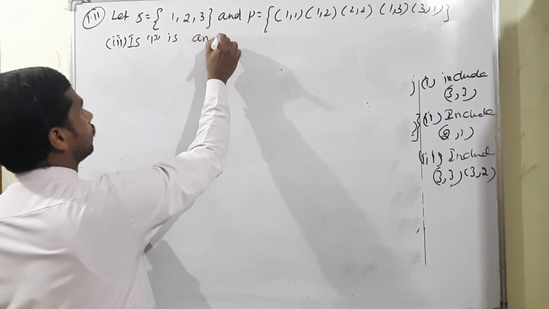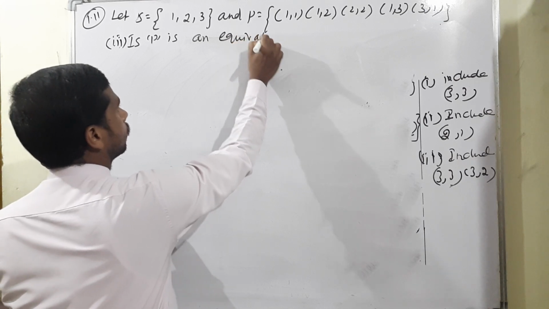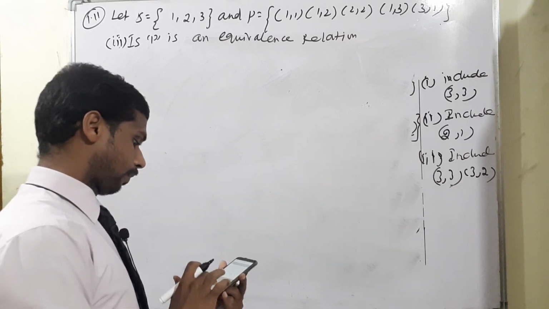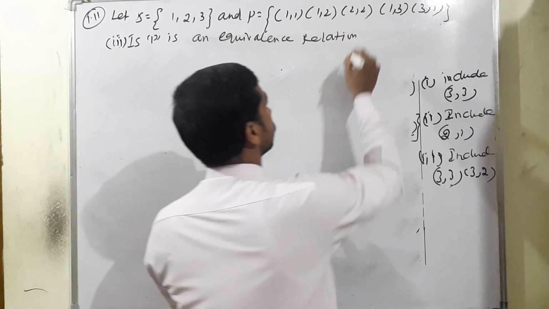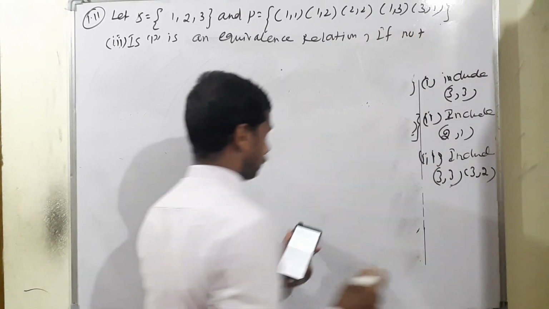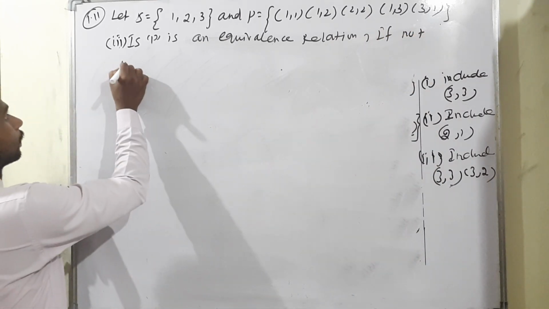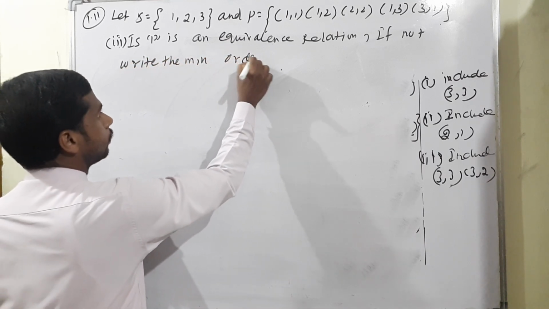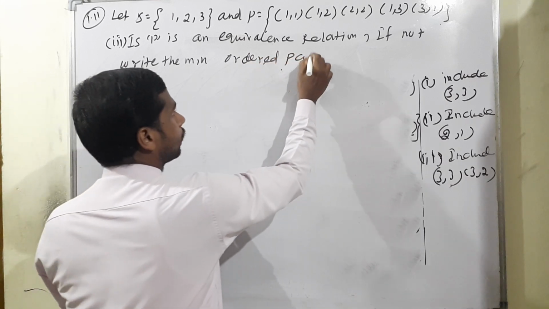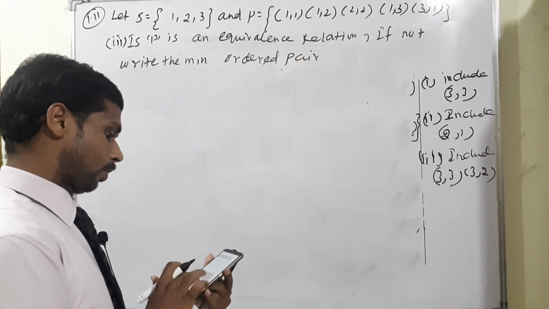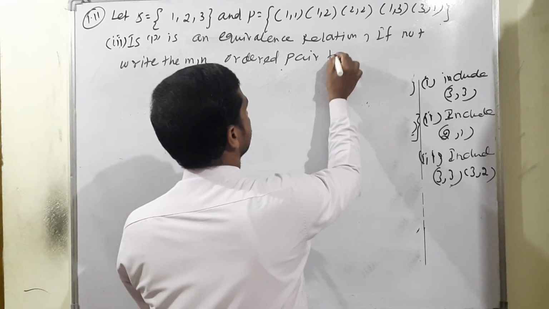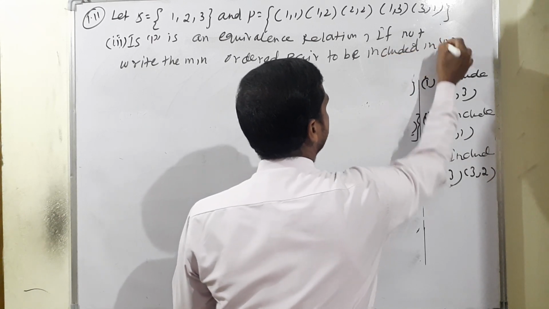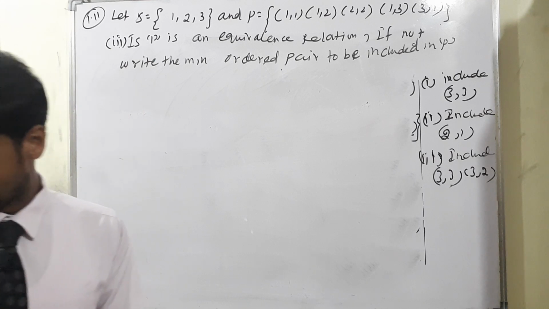Then continuation: if not, write the minimum ordered pair to be included in P to make it an equivalence relation. Okay.